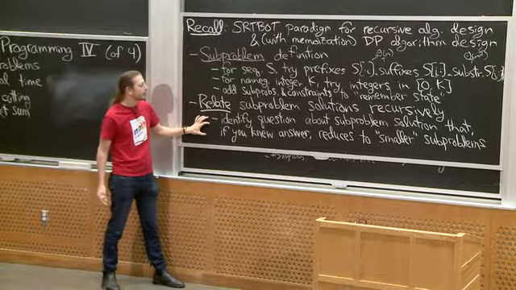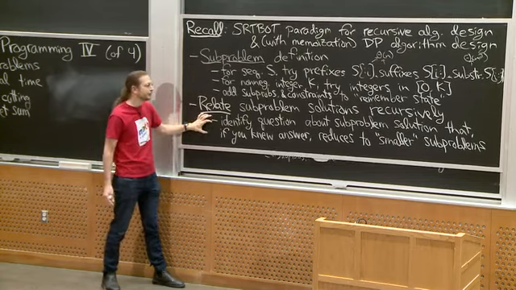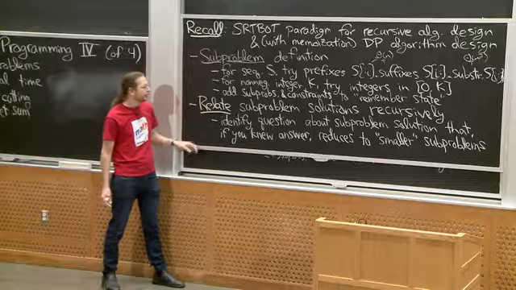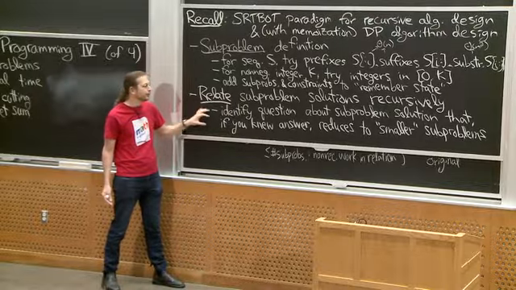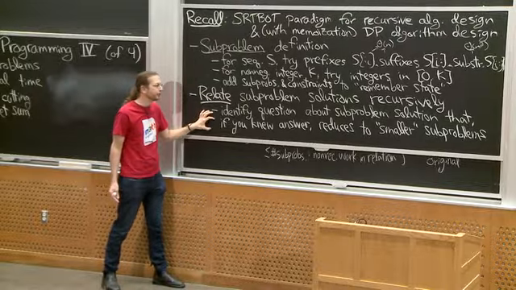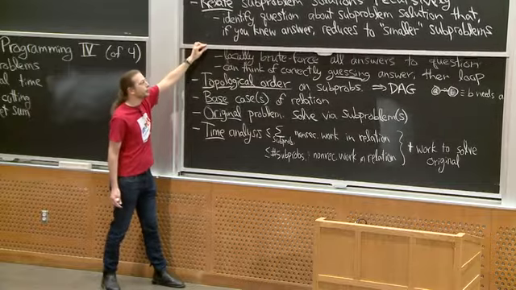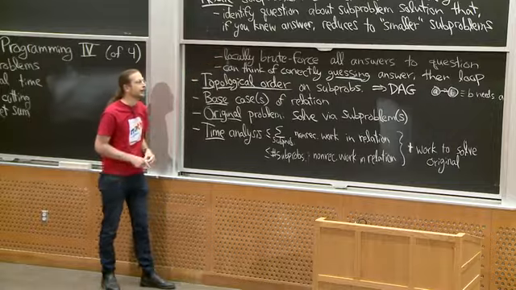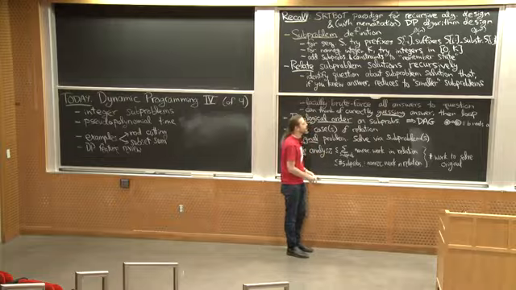And then we relate these subproblems recursively, and this is basically the test of whether your subproblem definition was correct: can you write down a recurrence relation, which is just a recursive algorithm. And there's a nice general procedure for how to come up with these relations, which is to think up some question about the subproblem solution that, if you knew the answer, reduced to smaller subproblems. And then you locally brute force all the answers to that question, which I like to think of as guessing the answer correctly, and then directly calling the recursive things.